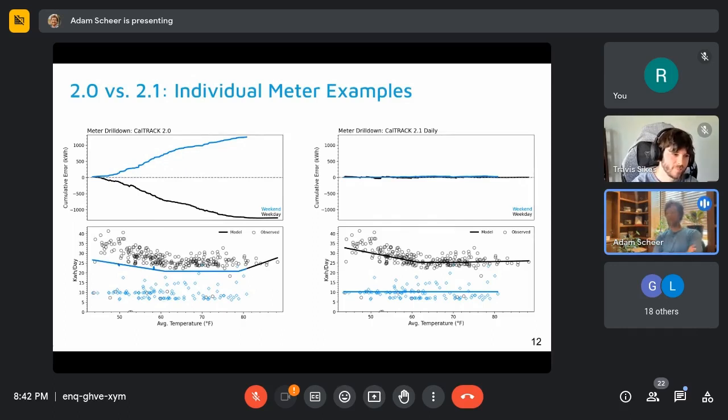Another thing I want to point out here, for those who are staring at this Caltrack 2.0 model: if you take a look at the range above the cooling balance point temperature, around 79 degrees, you see the model kick up into a temperature dependent region that simply is not there.